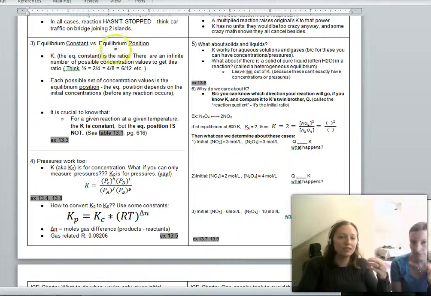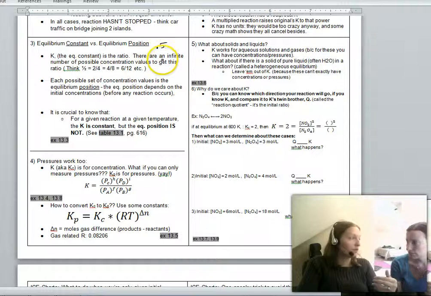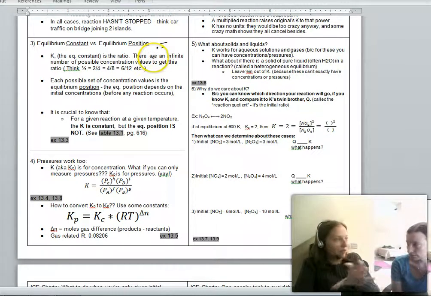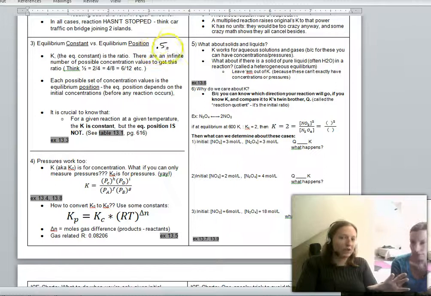The equilibrium position, versus the equilibrium constant, is kind of like how you can have a lot of different fractions that get you to 0.5. You can have a half, you can have 2/4, you can have 3/6. There are a lot of different ratios that end up being 0.5. So in this metaphor, K is your 0.5.